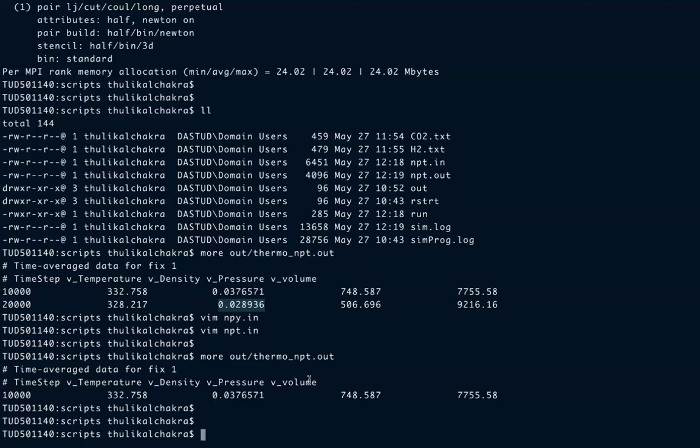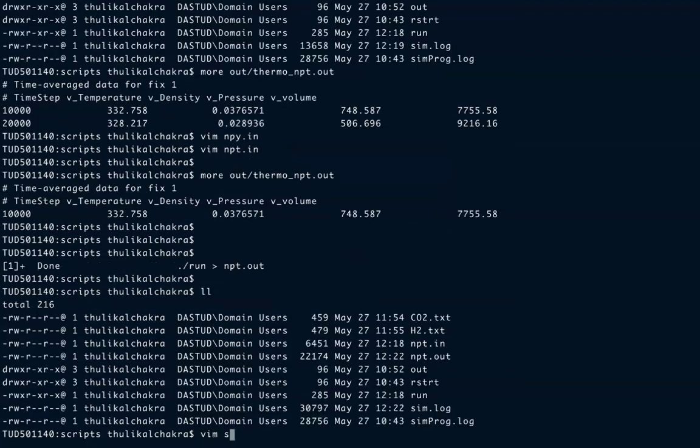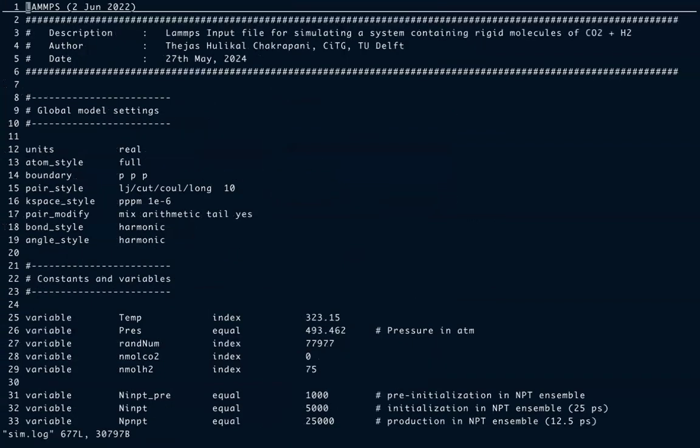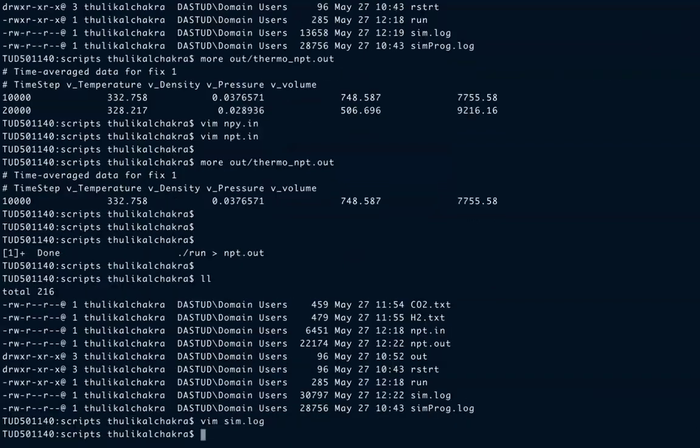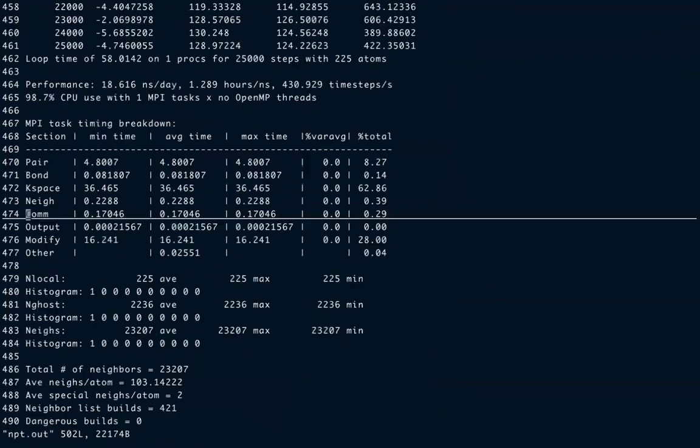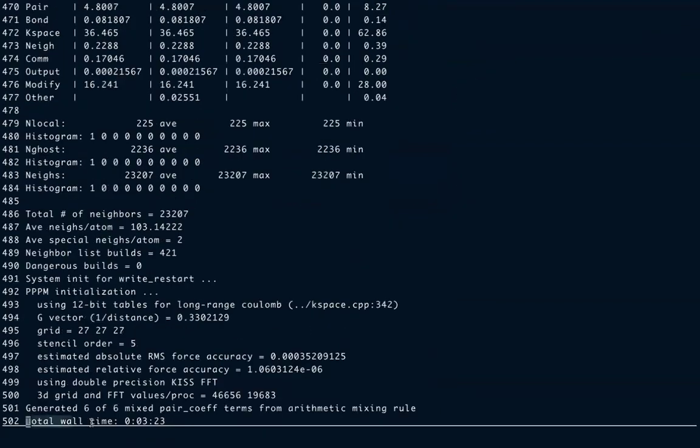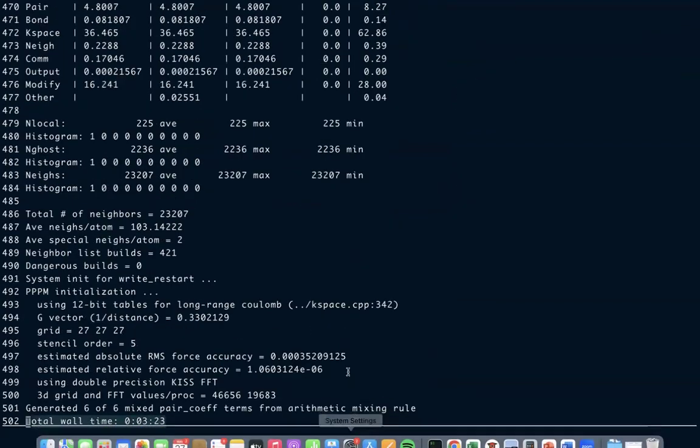Now, if you want to further extend the simulation, you can. You can see that the simulation ran for 3 minutes and 23 seconds.